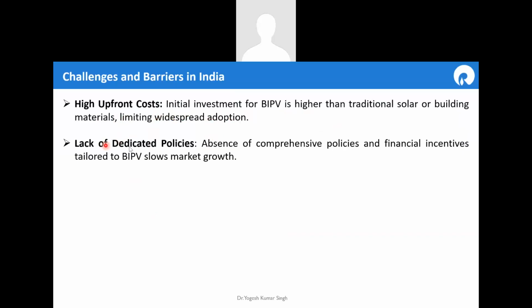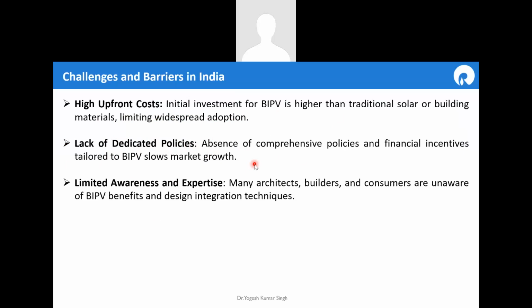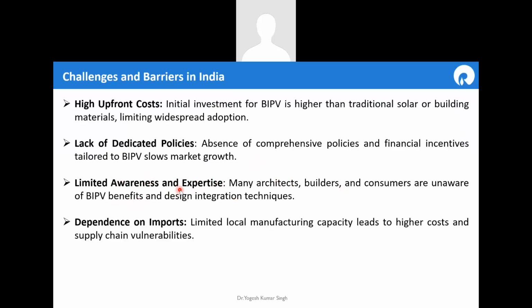The second one is the lack of dedicated policy. The absence of comprehensive policy and financial incentives also leads to slow growth in the market rate of BIPV technology. The third is limited awareness and expertise. Many architects, builders, and consumers are unaware of the BIPV benefits and the design integration technology.